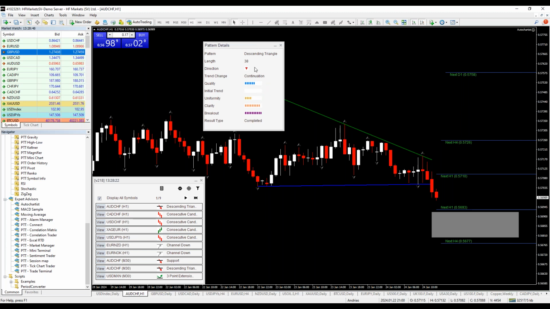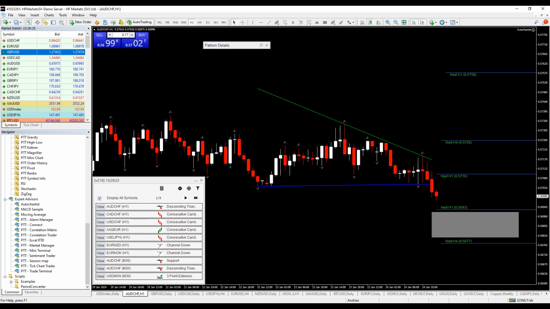So it provides you a level that the Aussie Swiss could reach soon. Also, it clarifies the direction, the length of the signal, whether it's a continuation or reversal signal, and the quality, which is better than the previous one that we saw, whether there is enough clarity on the signal. Clarity checks the momentum. Whether the momentum in which the descending triangle broke was strong enough, because weak momentum means there is not enough strength in the trend.